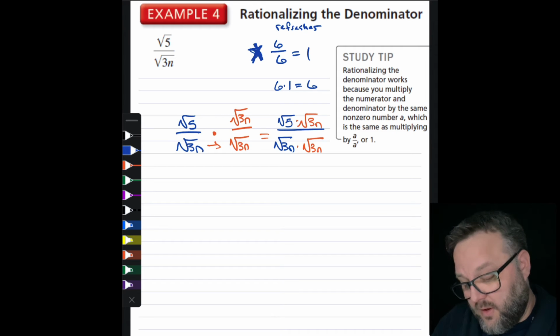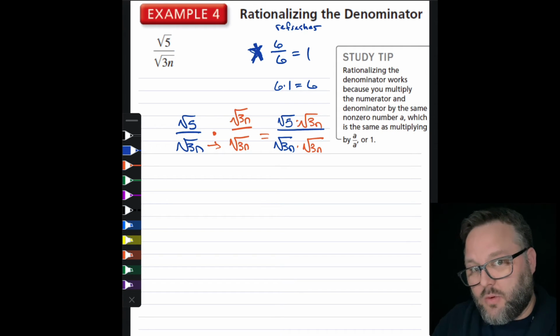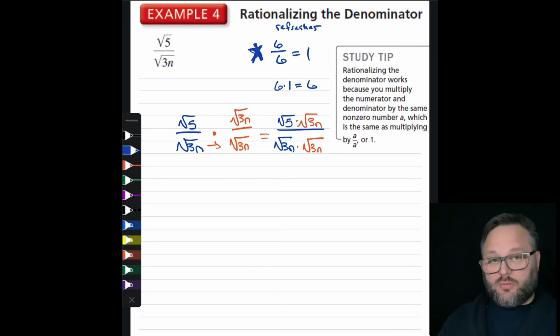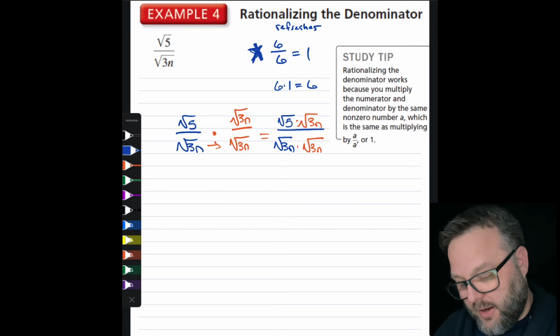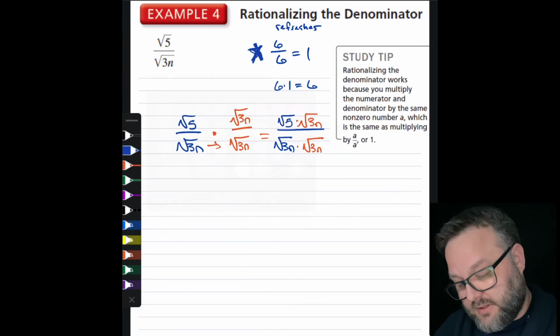Now, the fun thing is, when you have a square root and there's multiplication, just as we've been able to take things out as a coefficient, if things are multiplying and they're all under the same root, we can actually combine them under one sign.